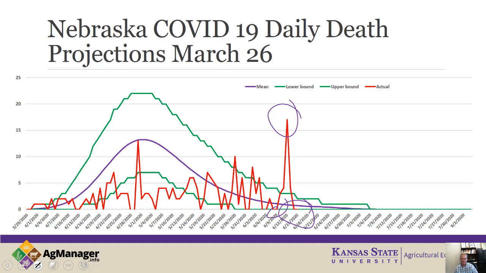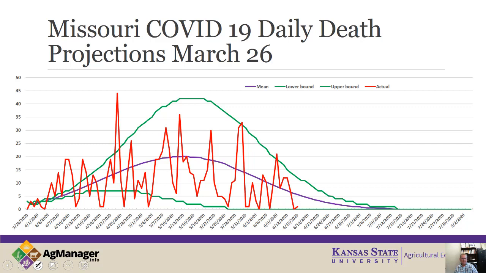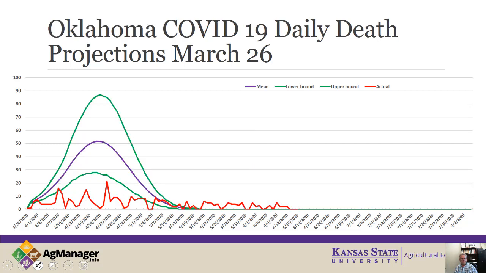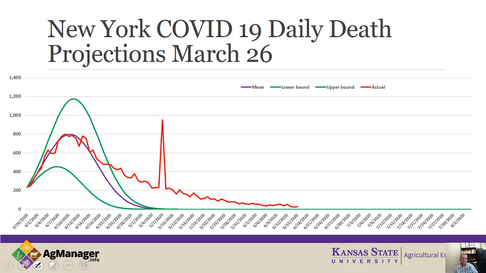It'll be interesting to see over the next week whether or not that begins to flatten in Nebraska. Missouri, again, seems to be relatively flat over the last week or so. Oklahoma, again, has a very low level of daily death, kind of fluctuating in the 0 to 5. The last couple days it was 0.